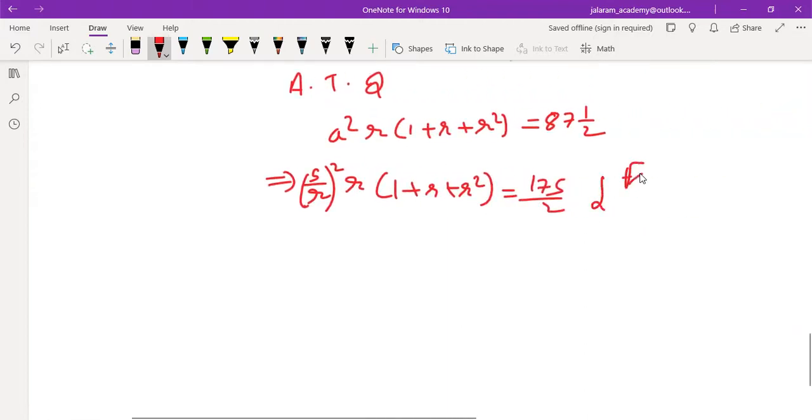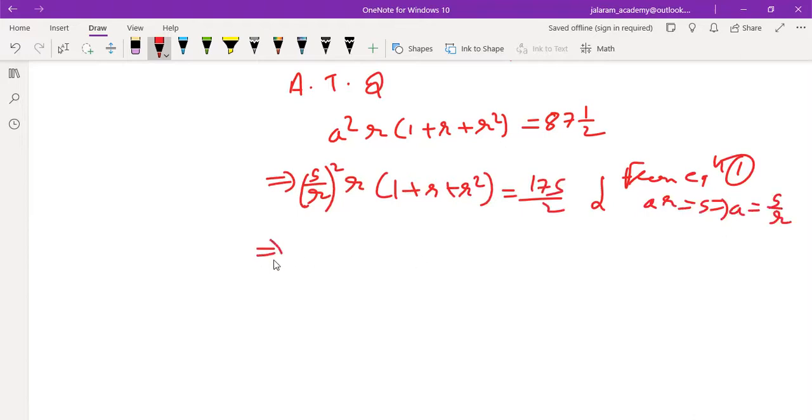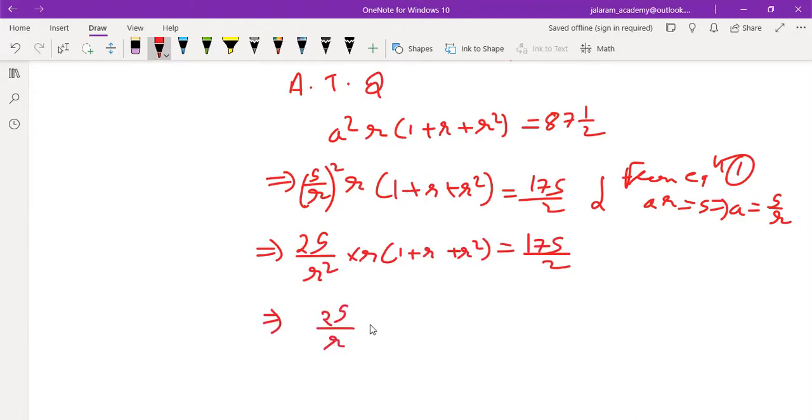You can write the reason from equation 1, AR equals 5, it implies A equals 5 by R. When we expand the bracket, 5 square, 25 by R square into R into 1 plus R square equals 175 by 2.